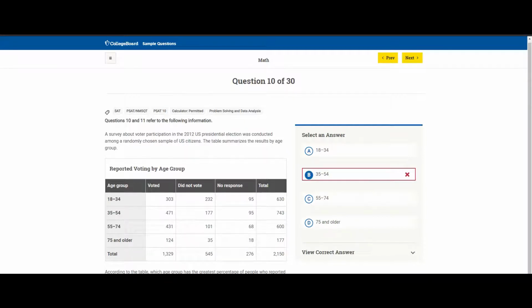Oh, that one is actually not correct. Let me see. Which age group had the greatest percentage of the people who voted. Oh, I totally didn't notice that. My mistake. I didn't notice who voted. So that's definitely not it, because we're looking at these divisions. So the correct answer is we have 303, 366. It's around 50%. No. So it's definitely 75 and older. Oh, it's not it either.